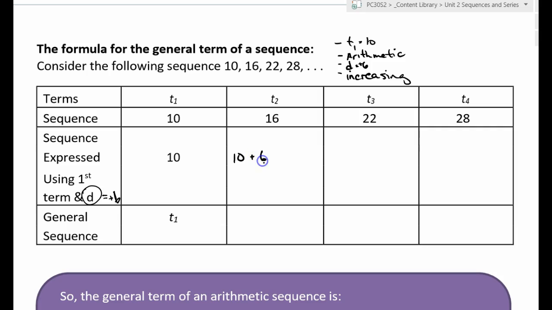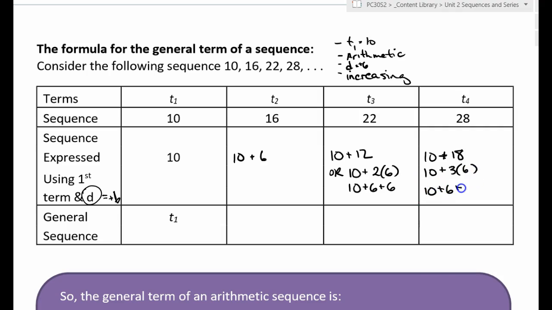We would add 6. And how would we go from 10 to 22? You could say add 12, or describe it as 10 plus 2 times 6, or 10 plus 6 plus 6. Our fourth term becomes 10 plus 18, but really that's the same as 10 plus 3 times 6, or 10 plus 6 plus 6 plus 6.